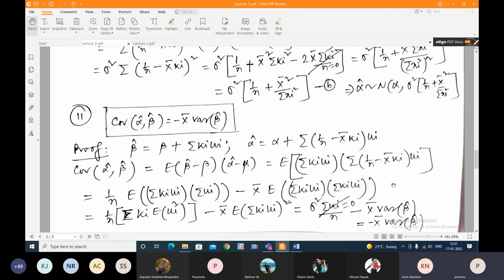Remember what I said. Here we will be focusing on three desirable properties. That alpha hat will be unbiased, so is beta hat. They will be efficient, and also they will be consistent. So even if alpha hat is not exactly equal to alpha, if it is consistent, then it will be asymptotically equal to alpha.